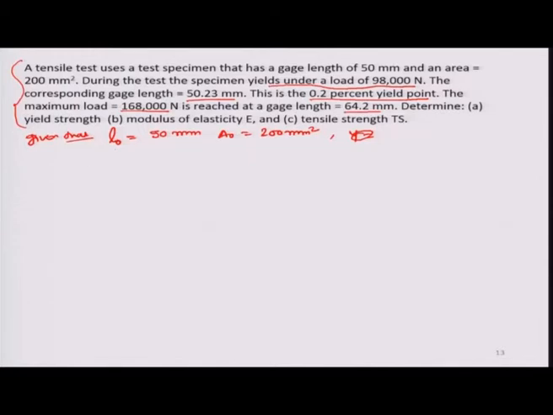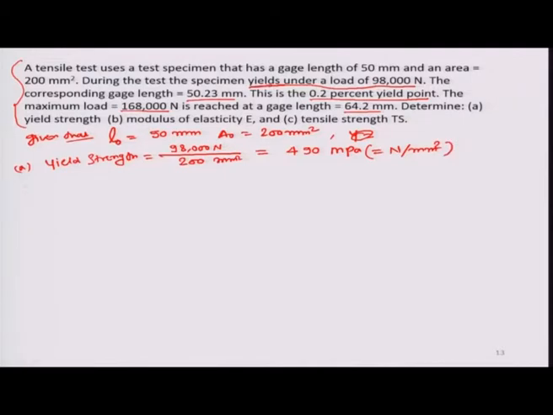So, if you want to calculate yield strength, the load corresponding to the yielding point is 98,000 Newton, and the cross sectional area of the specimen is 200 mm square. So, that will be 490 megapascal, or Newton per mm square.